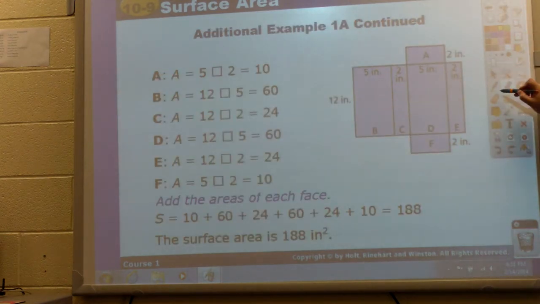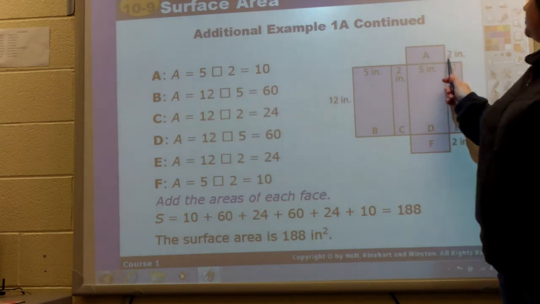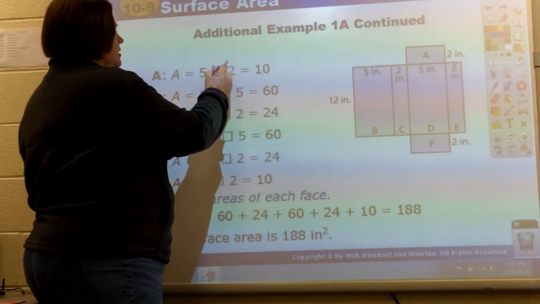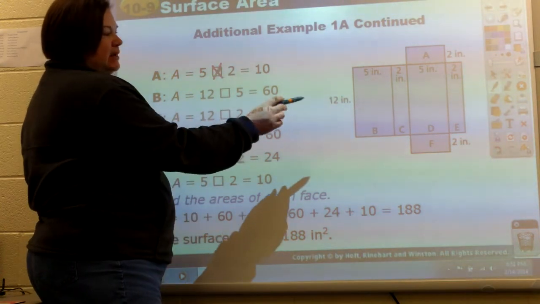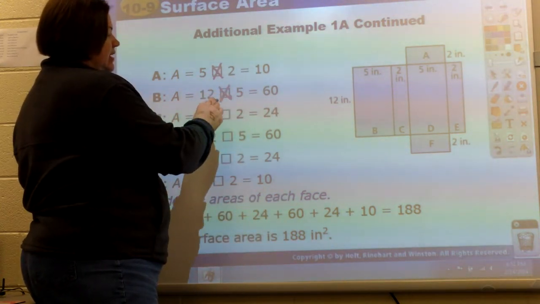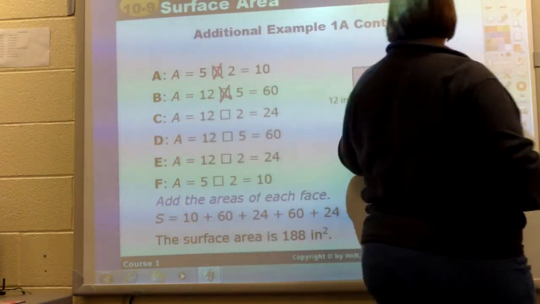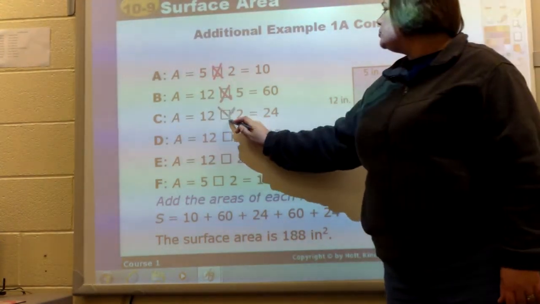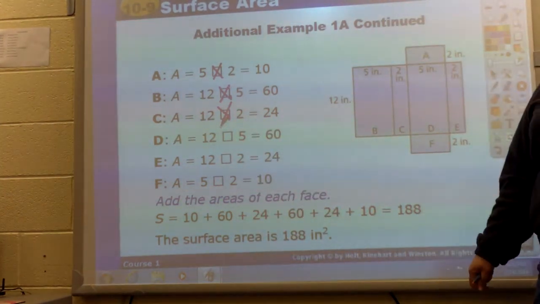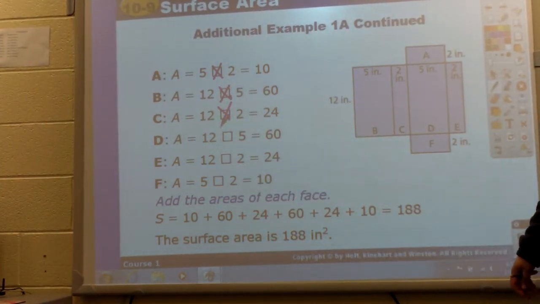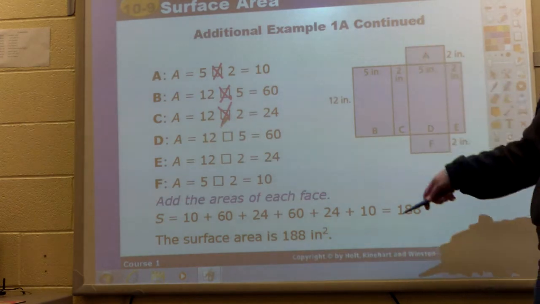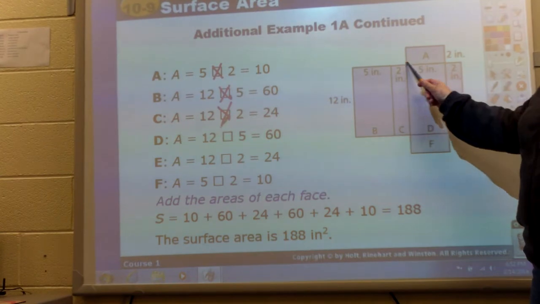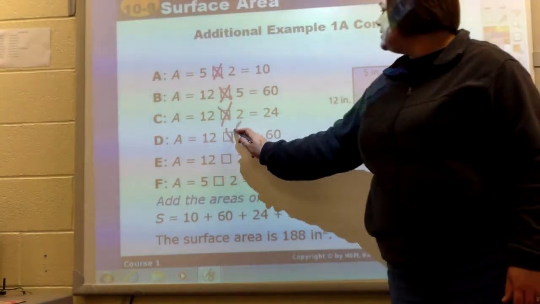So for this one, for A, we're doing 2 times 5, which equals 10. For B over there, we're doing 12 times 5 is 60. For C, which is right here, we're doing our 12 times 2 is 24. If you remember rectangles, your formula is length times width or base times height. So that's what we're doing for all of these rectangles. For D, 5 times 12 is 60.